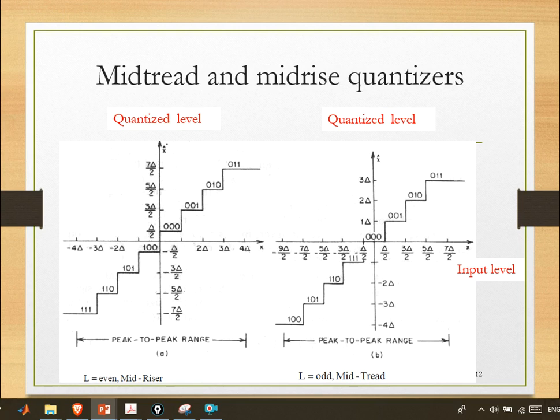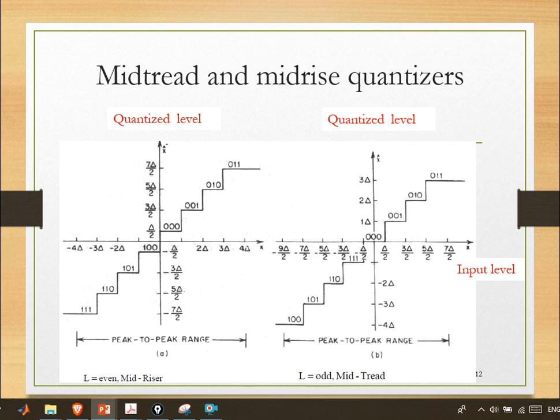So in the question, I may ask you to quantize according to mid-tread or mid-rise. What do you do? If it is mid-rise, you just go away from the zero, dividing the step size delta around the zero value.